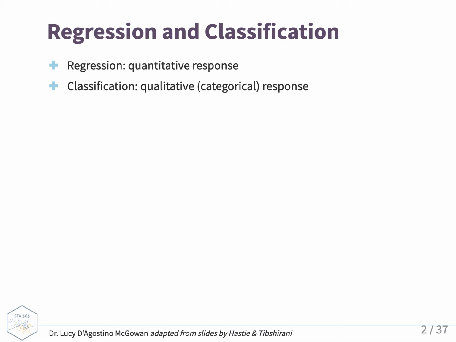Classification is when you have a qualitative or categorical response. This could be something binary, like yes or no, or it could be something with more categories. For example, in the slides from the first day, we talked about zip codes. You could want to classify the numbers from zip codes, and each of those numbers could be a different category, and so that would be a classification problem.